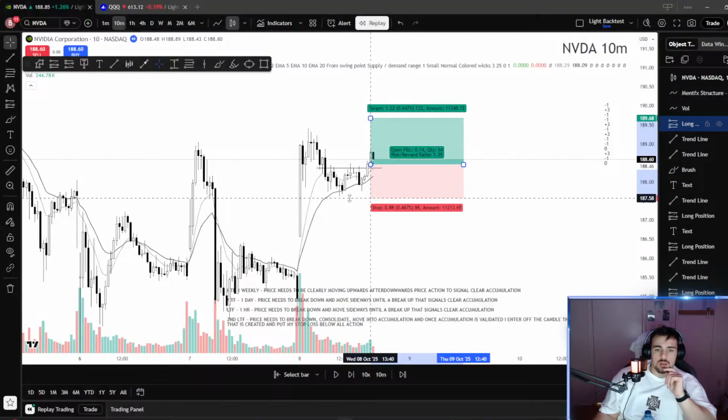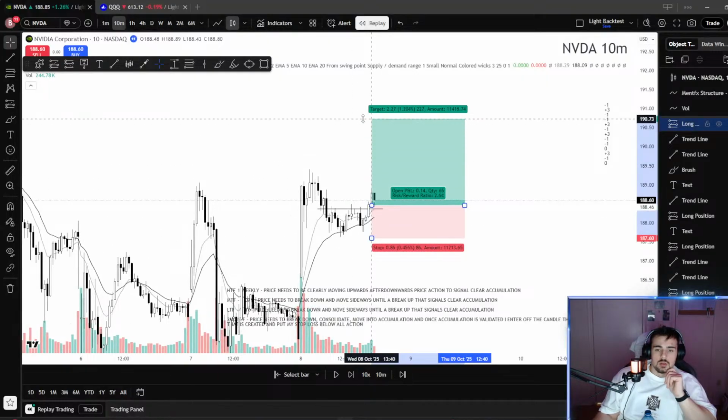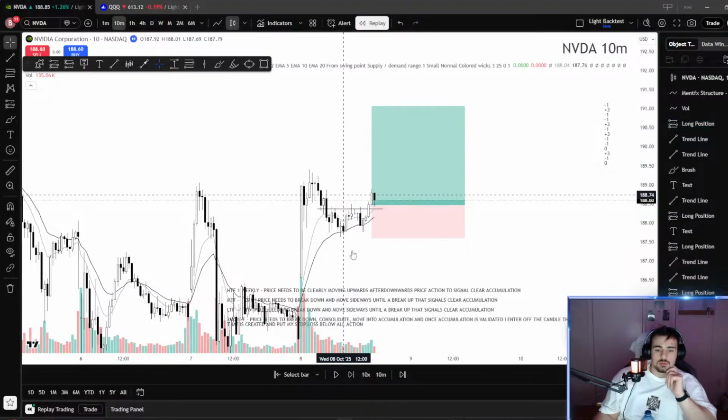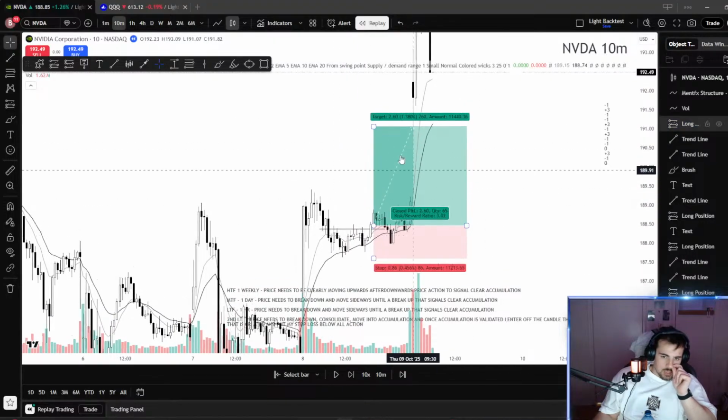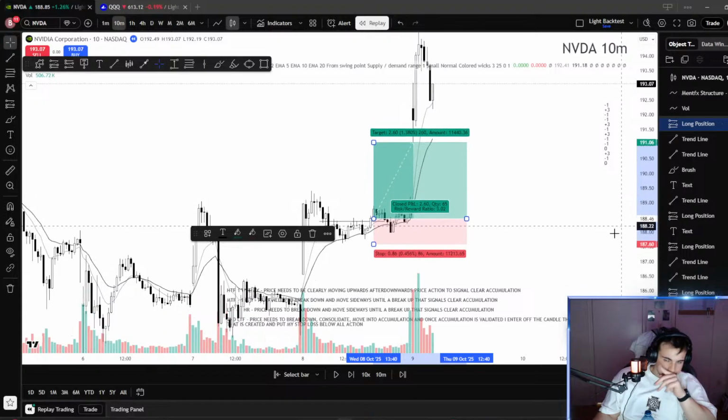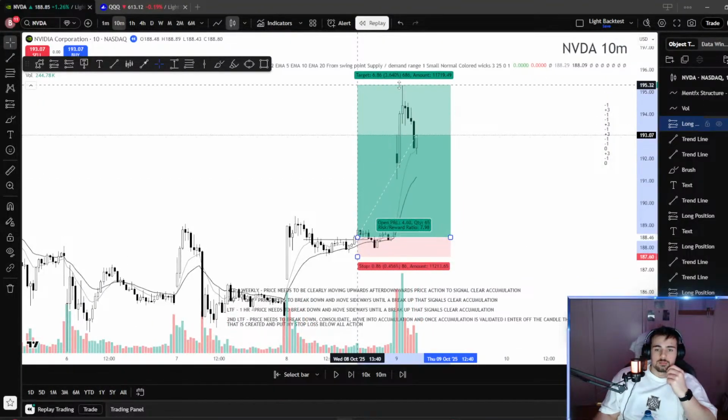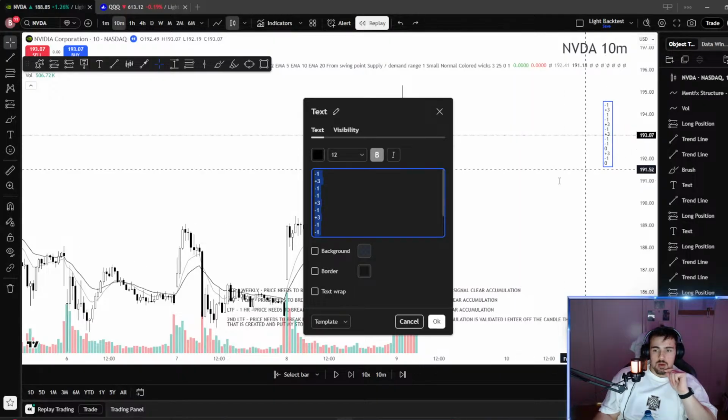Breaks through, stop loss below all the lows. 1 to 3, smashed. This thing goes crazy. 7.9.